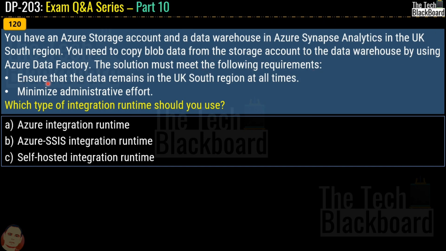The first one is to ensure that the data remains in the UK South region at all times, and it should also minimize administrative efforts. Which type of integration runtime should you use? Your options are Azure Integration Runtime, Azure SSIS Integration Runtime, or Self-Hosted Integration Runtime. And the correct answer for this question is option A, Azure Integration Runtime.